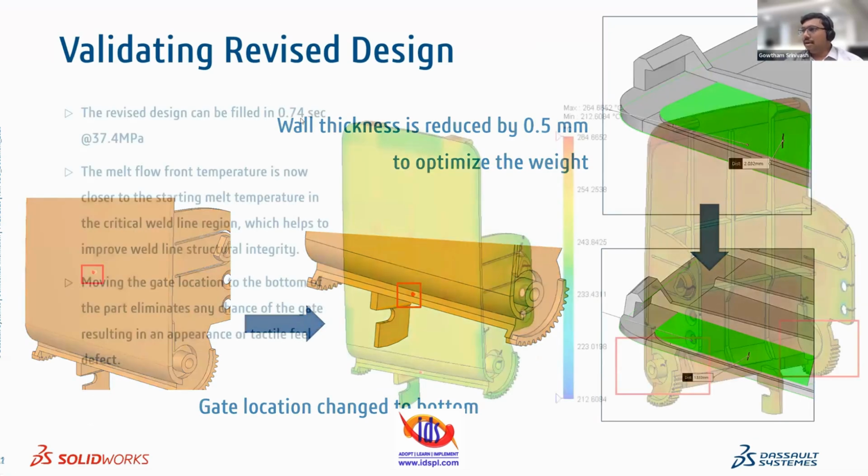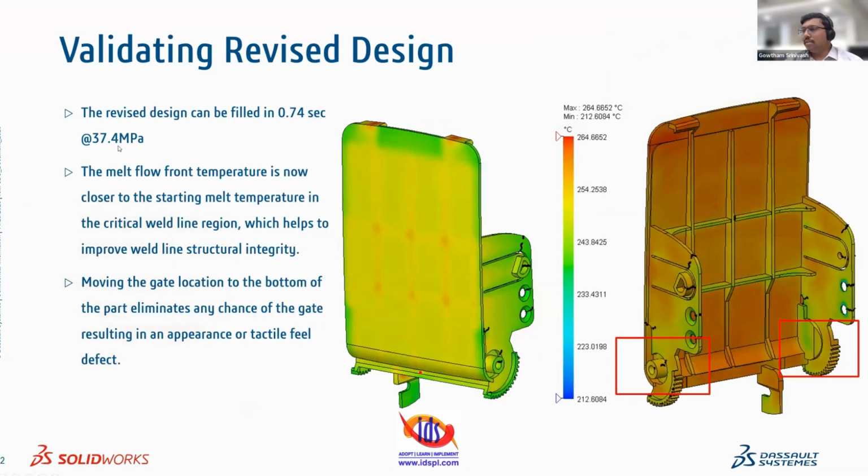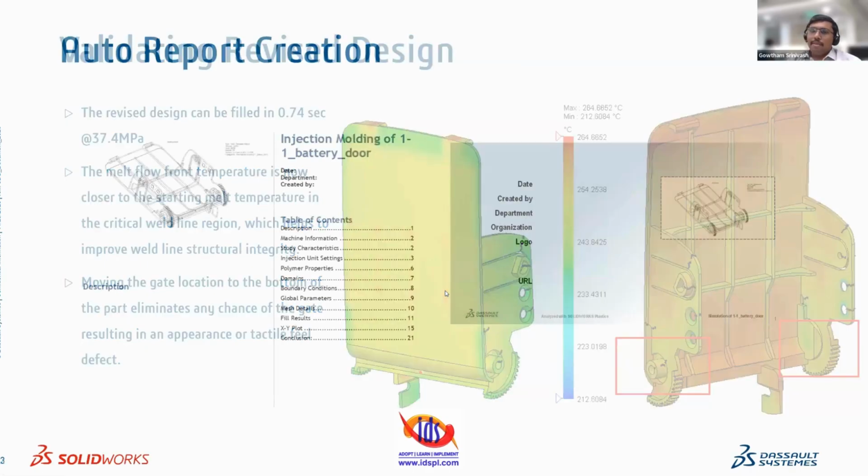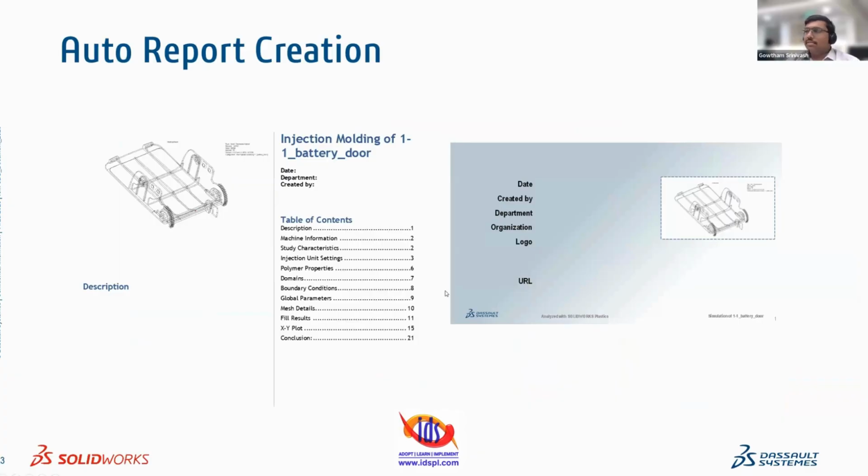By that, the time also reduced, the filling pressure is reduced, and more importantly the aesthetics won't be affected as much compared to the earlier design ideas. And we made this region, the load bearing region, a safer zone. Post doing all those analyses, we need to document the study.